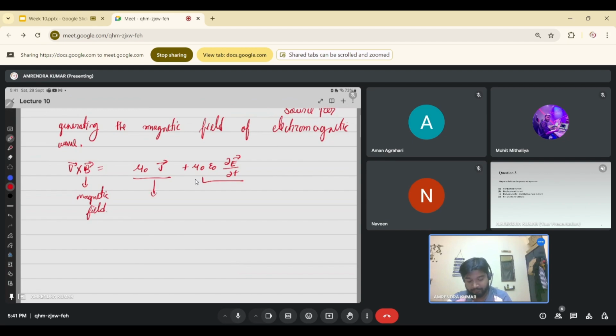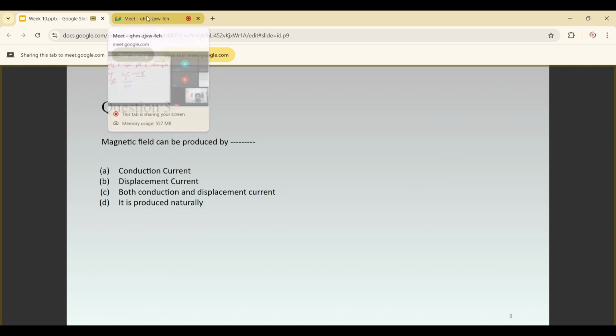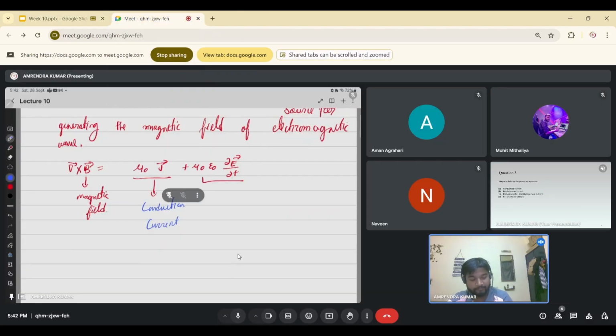This one is called the conduction current, and the other one, which has the electric field, is called the displacement current. But you might be wondering, where is the displacement in this current, and where is the current actually?